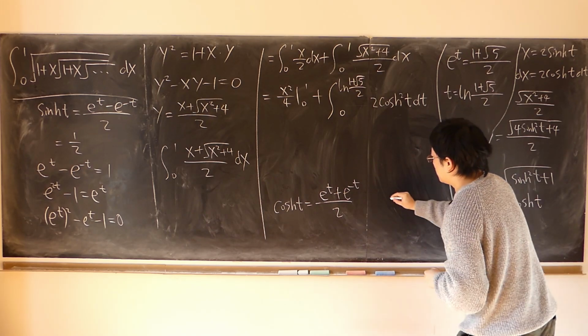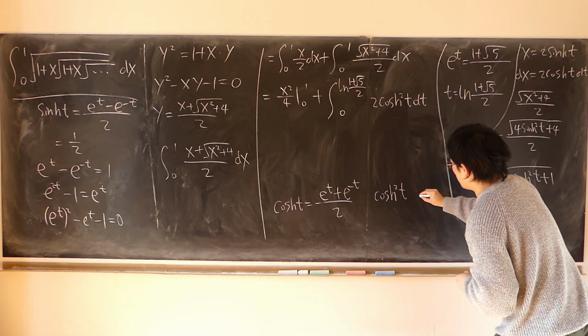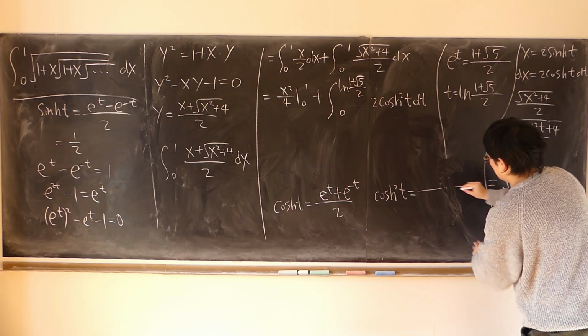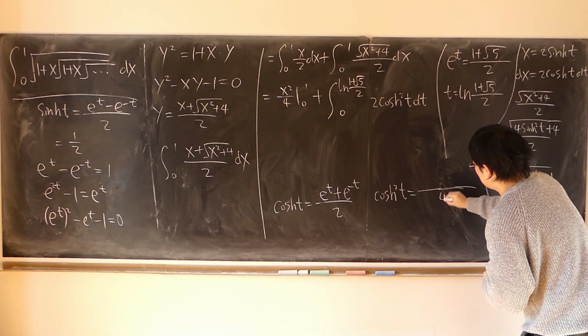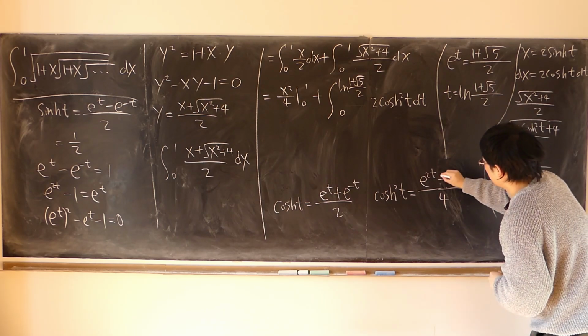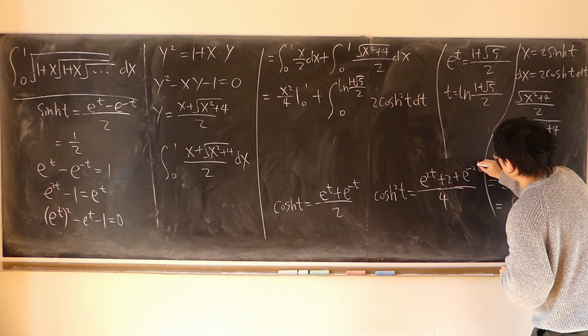So obviously, cosh squared equals one quarter of e to the 2t plus 2 plus e to the negative 2t.